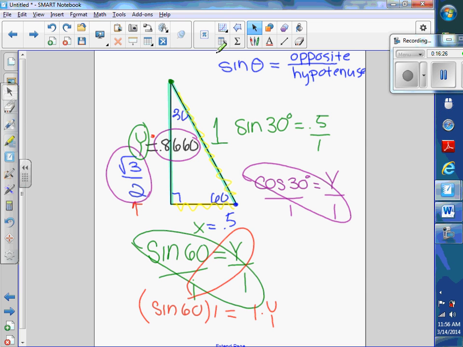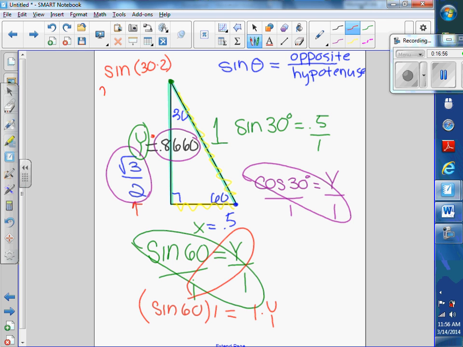I started like sine 30 times 2, and it gave me 0.8660. And it's sine 30 times 2, and then it gave me 1. No, because when you type in your calculator, what you're really typing in is sine of 30 times 2, which is the sine of 60.